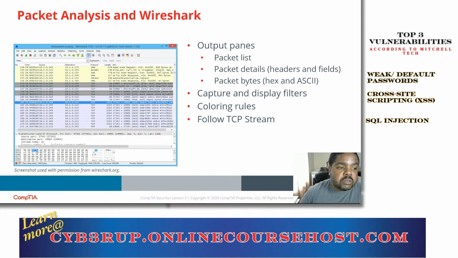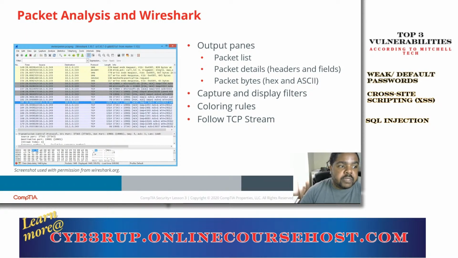In the following slide, I'll give you a screen recording of how we actually go out there and download Wireshark and pull some packets off my network. But basically, this is how it goes. It captures all of these packets in real time, and we can see exactly how they're communicating and who they're communicating with.